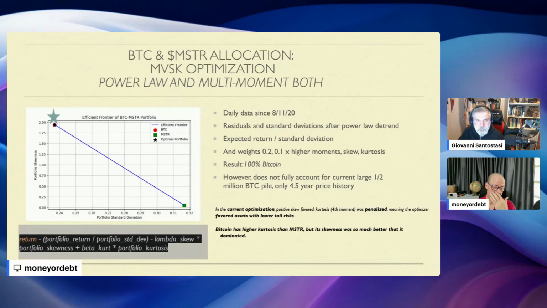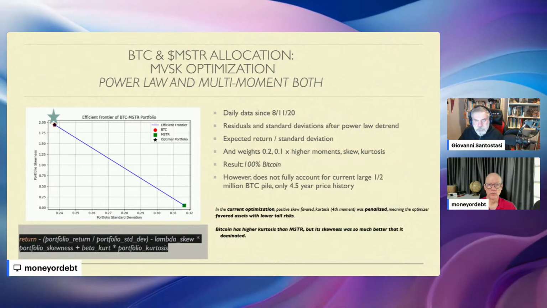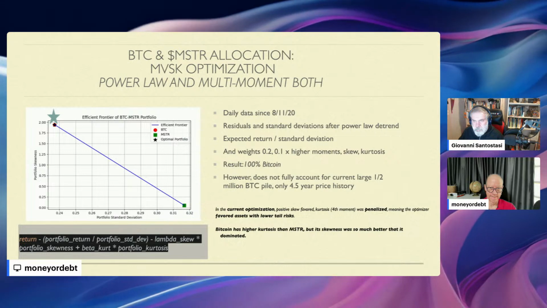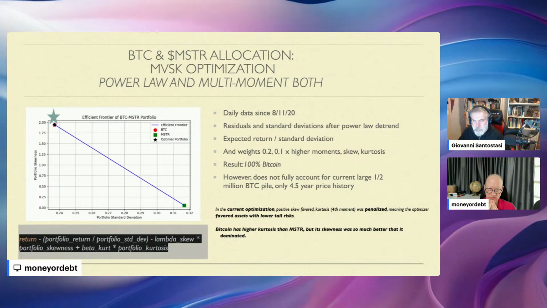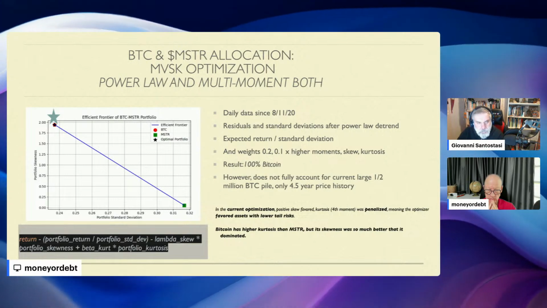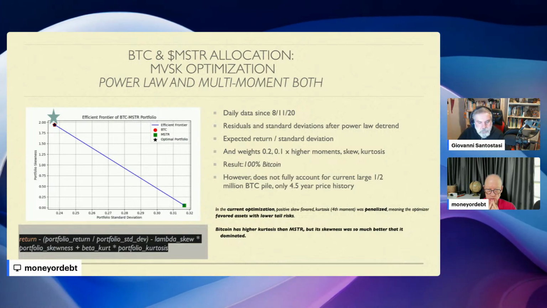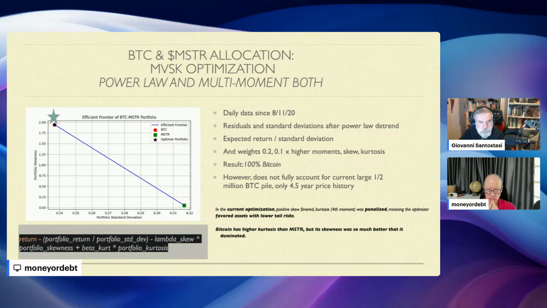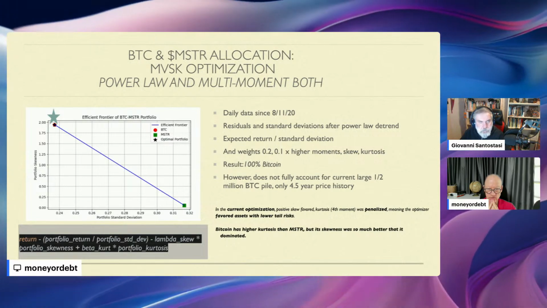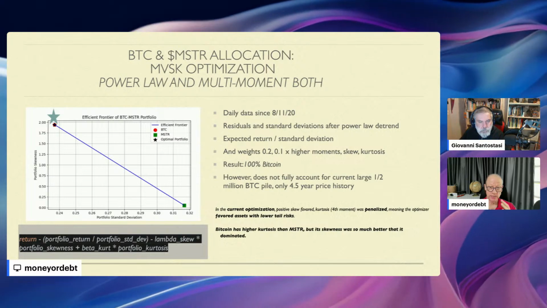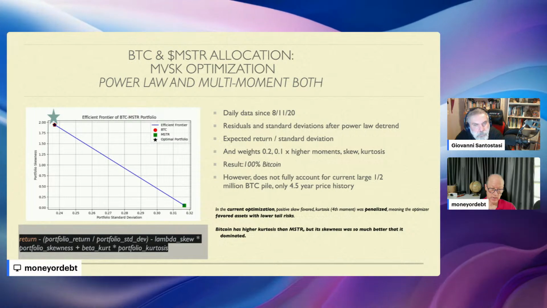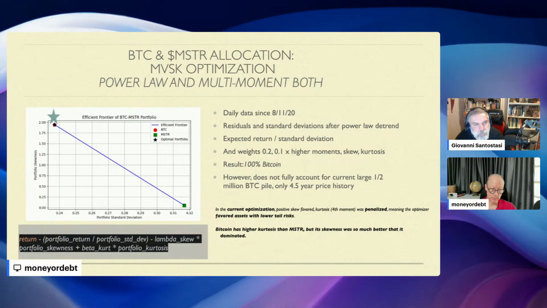So the next thing we can do is use those values and plug them into an optimizer. And the formula for the optimizer is shown below the chart. It includes the portfolio return, which is normalized to the portfolio's standard deviation. You're trying to optimize a function by finding the minimum.